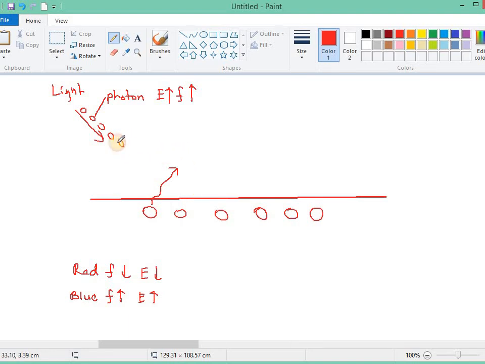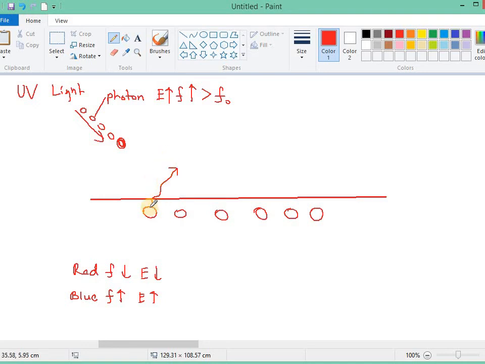Okay, so that means every single photon of, let's say, this is ultraviolet. This ultraviolet has enough energy, or the frequency is higher than the threshold frequency. If the frequency of the ultraviolet is higher than the threshold frequency, then the photon will have enough energy to produce photoelectric effect.